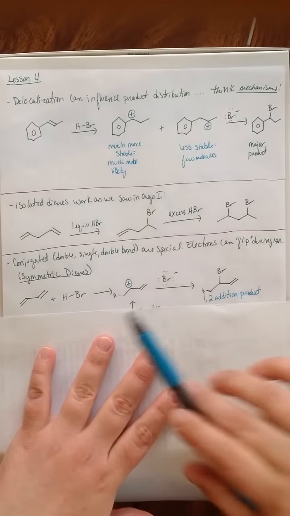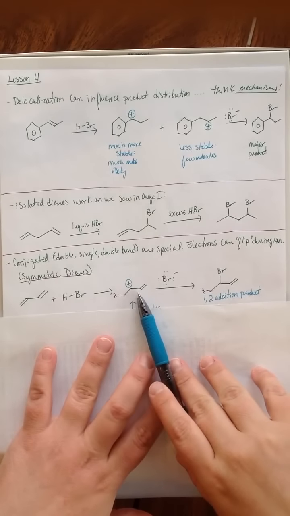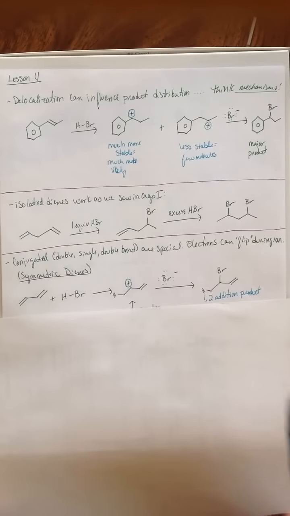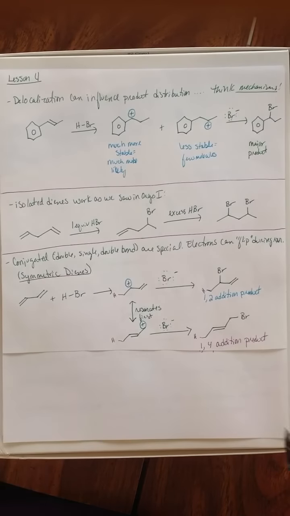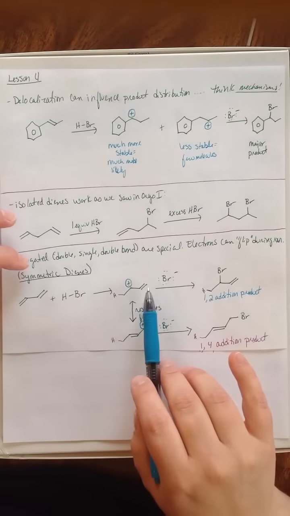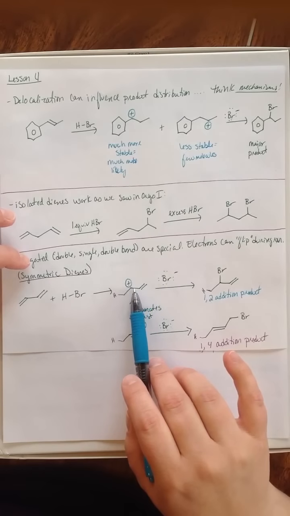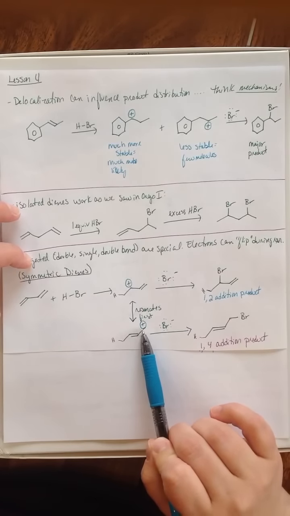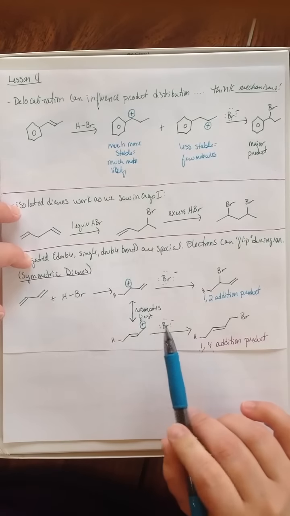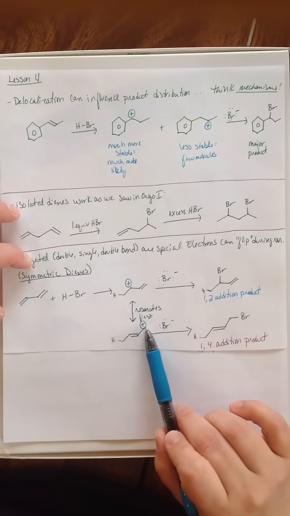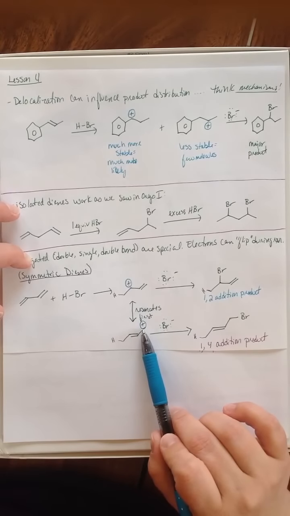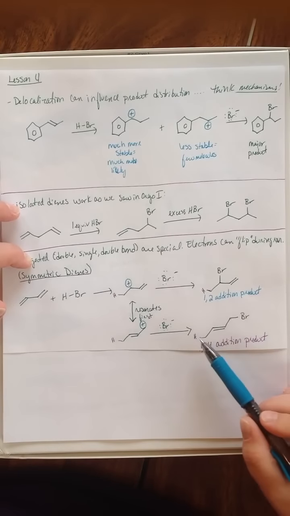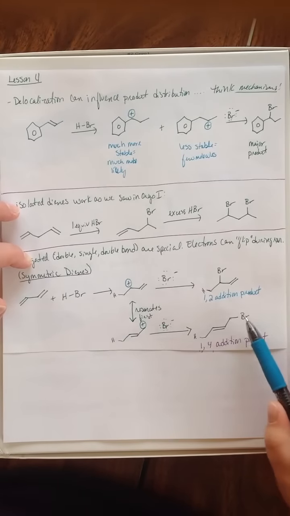However, because this is a conjugated system, this can be stabilized through, you guessed it, resonance. So these electrons can actually move right here, and when they do that, you end up with a positive charge right there, and bromine could see it and attach right there. Well, that means that hydrogen would be here and bromine would be here.